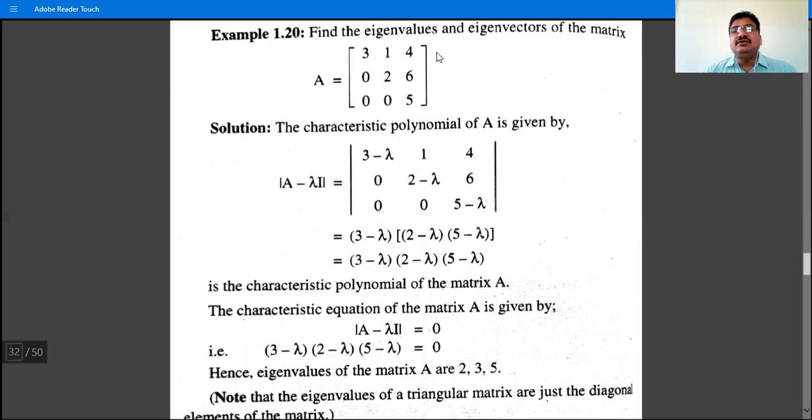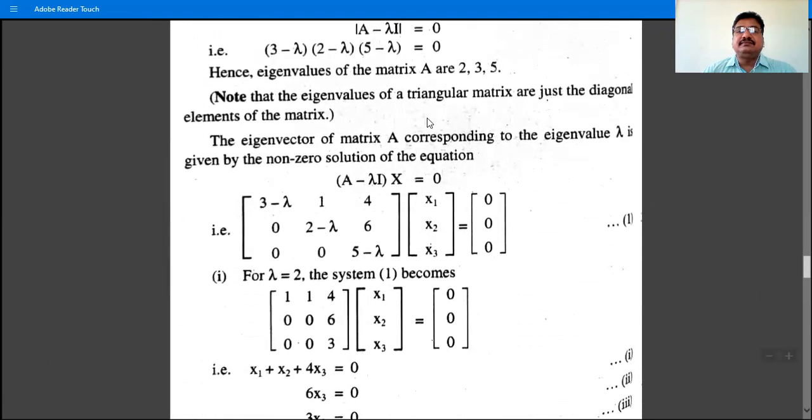For example, 1, 0, 0, 0, 1, 0, 0, 0, 1 is a diagonal matrix. And what are the eigenvalues of that matrix? That is I3, the unit matrix of order 3 by 3: 1, 1, 1. So these are the three eigenvalues.